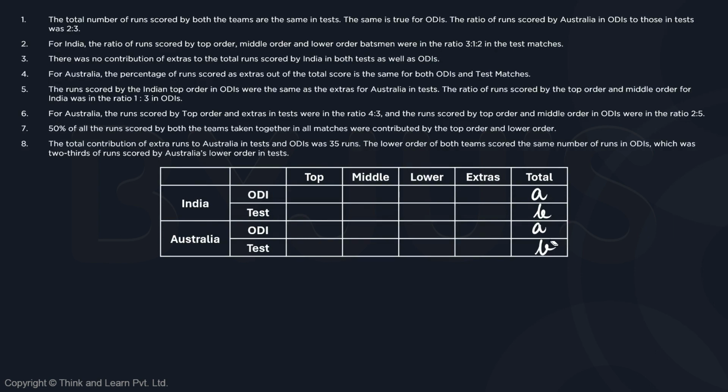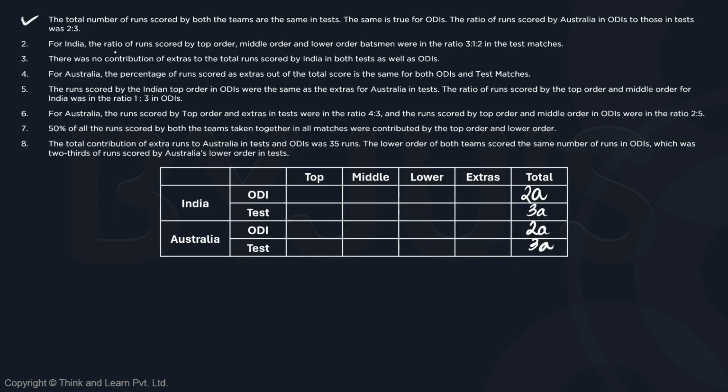So A and B, instead of that, we are going to write 2A and 3A. That will force us to write 2A and 3A for India as well, such that ODI scores are same and test scores are same for both the countries. So we are done with the first statement.